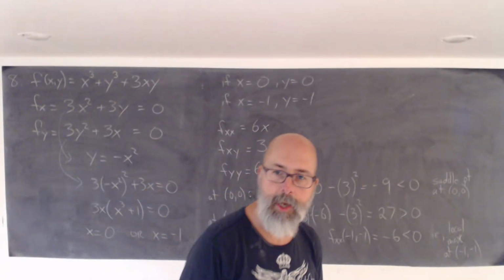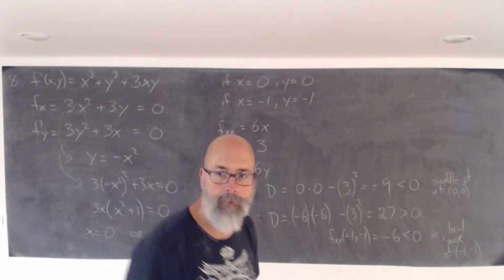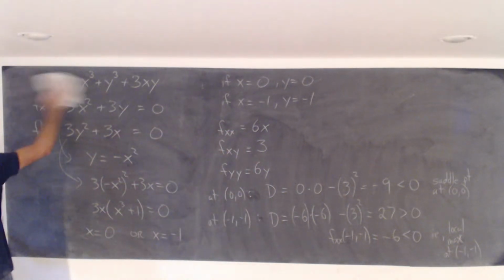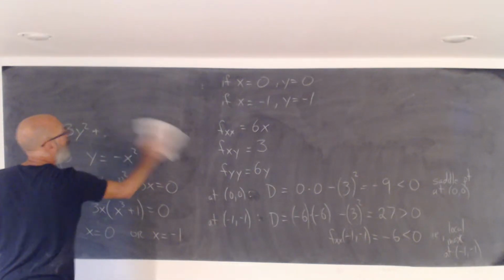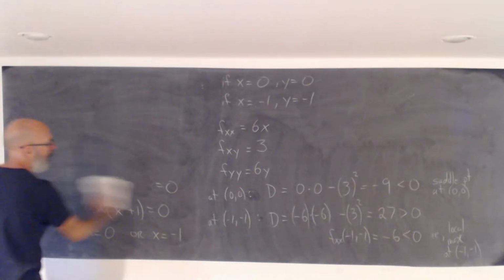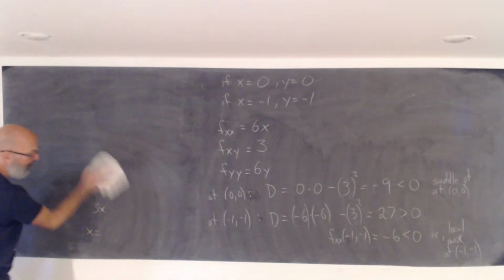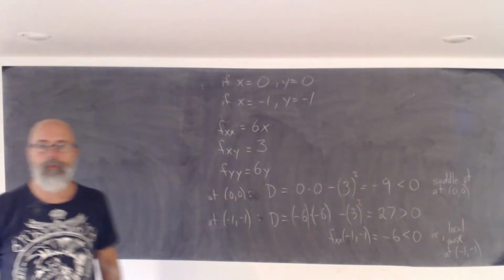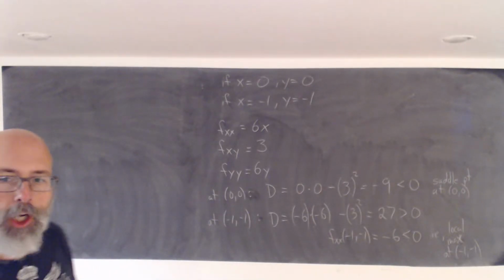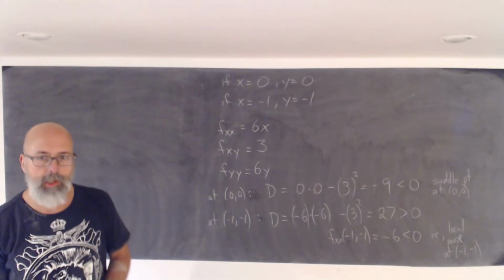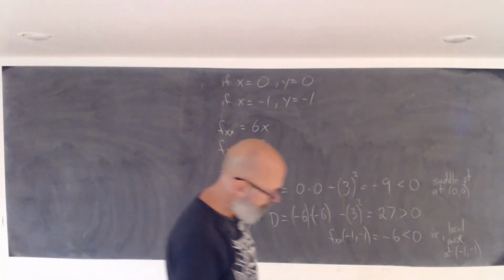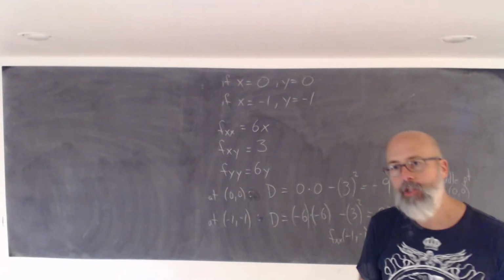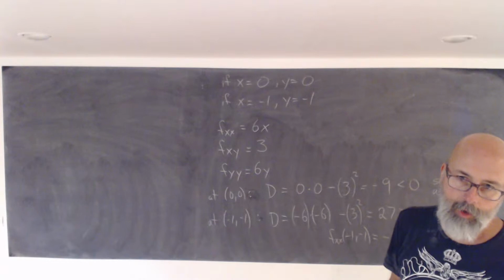Do we want to do another example, or are we moving on? Yushen is asking if it's possible that D could be 0. Absolutely. That is possible, and in that case, the test would be inconclusive as well.